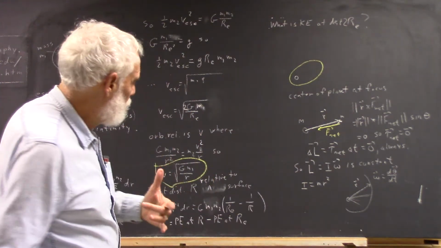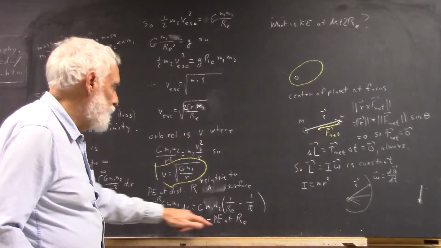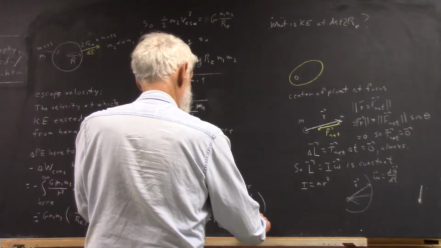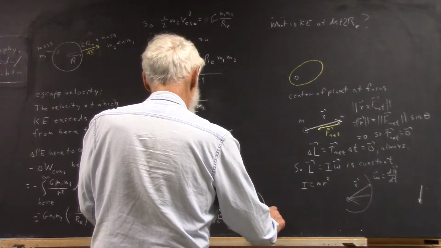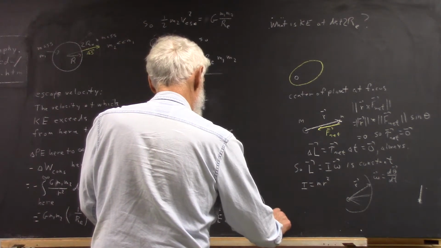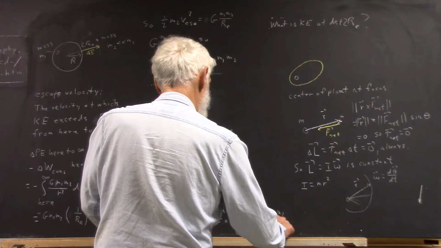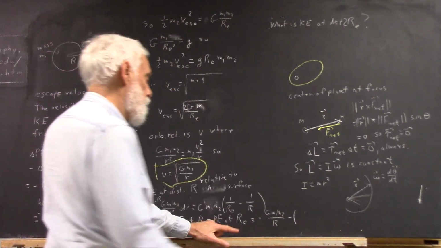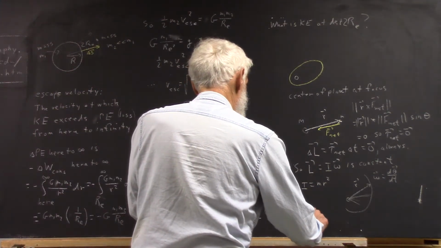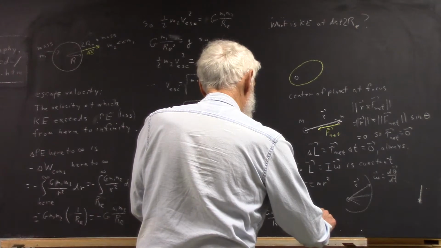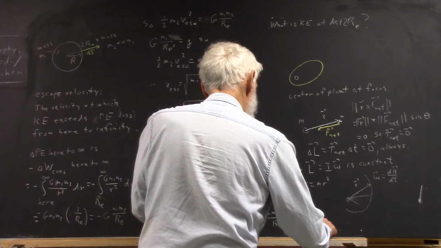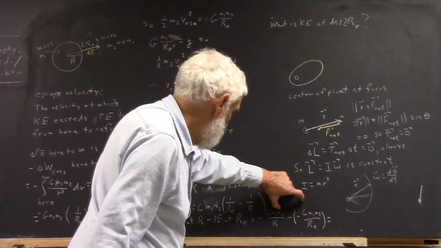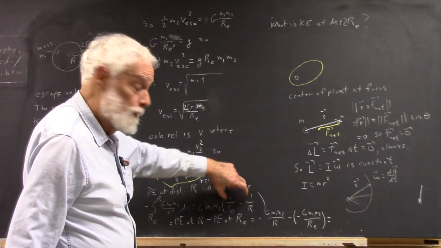Or the potential energy could be relative to any point. If we use potential energies at infinity, the potential energy at distance r would be negative big G little m1 little m2 over big R, minus the potential energy at RE, which would be negative big G little m1 little m2 over R sub E, which equals, I'm not going to write it out, you can verify that this equals this.